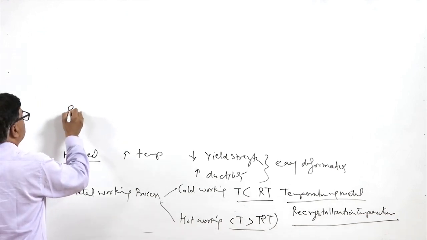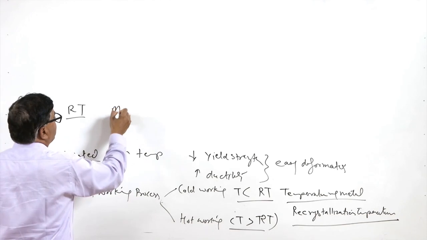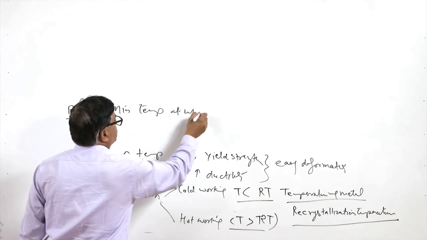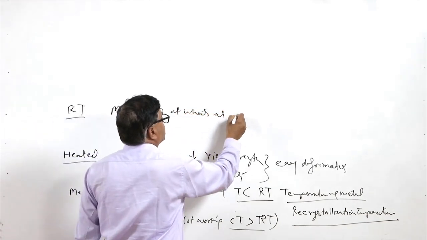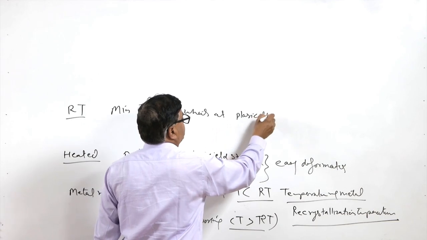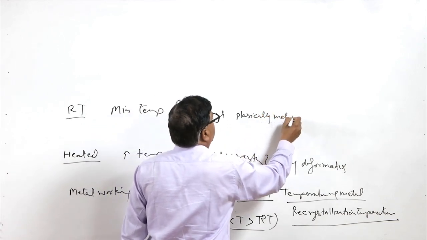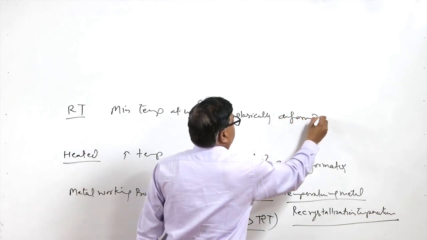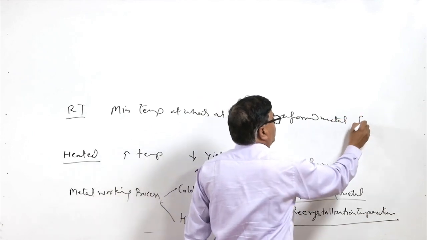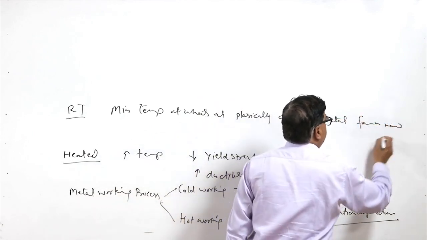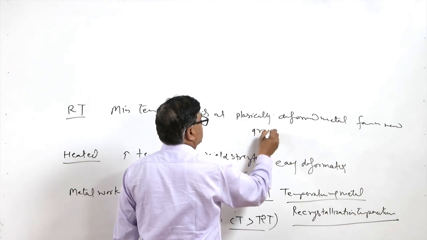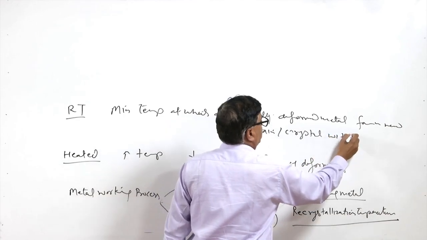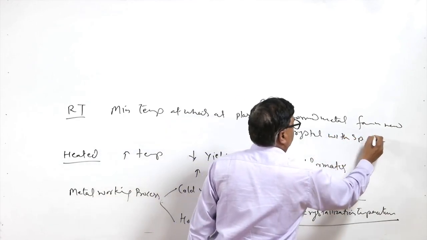To define this recrystallization temperature, it is the minimum temperature at which a plastically deformed metal forms new grains or crystals within a specified time.